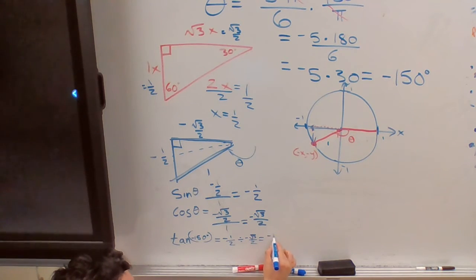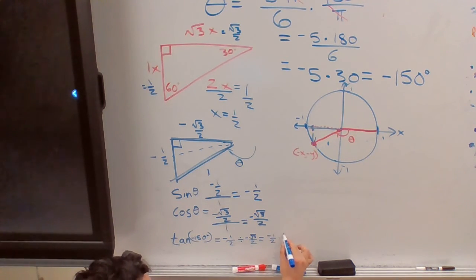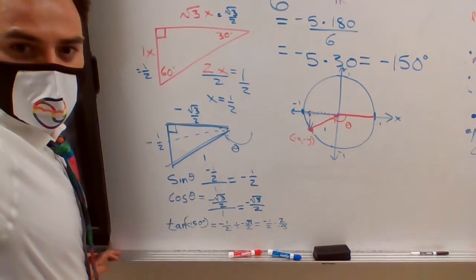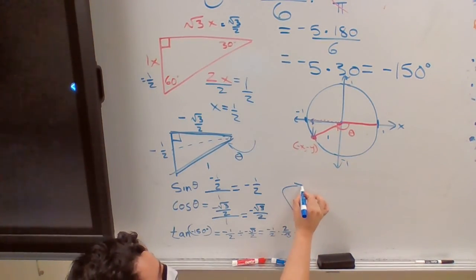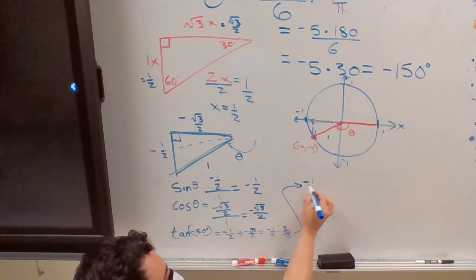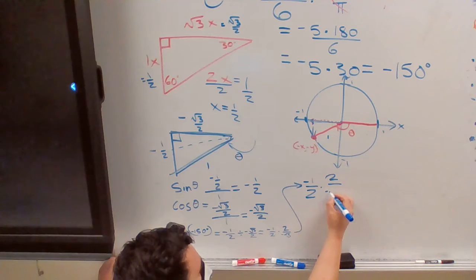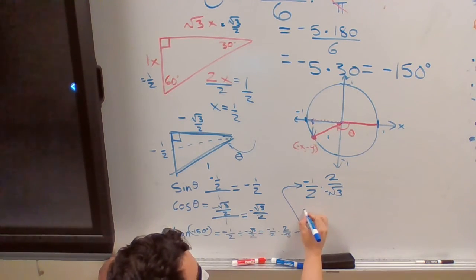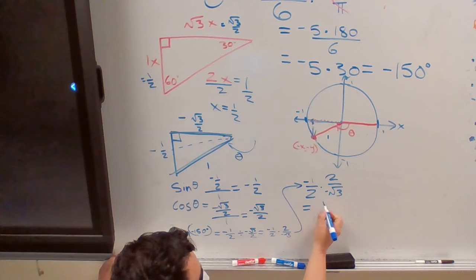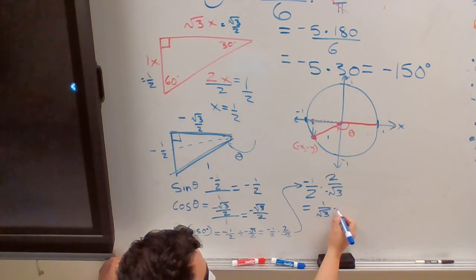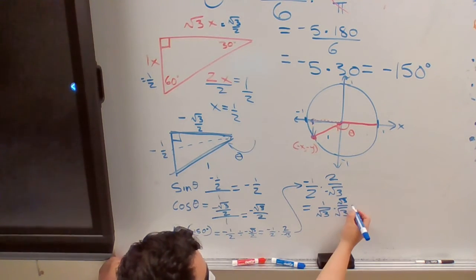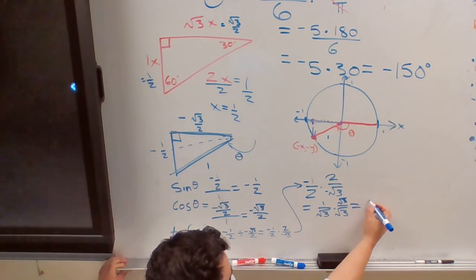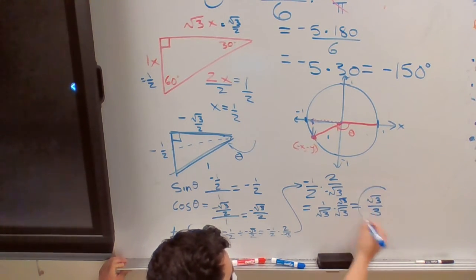But that's the same thing as saying negative 1/2 times 2 over negative root 3. Can you guys see that low? Try to write a little bigger. Negative 1/2 times 2 over negative root 3. The negatives cancel, the 2's cancel. I'm going to be left with 1 over root 3 in fully simplified form. Get rid of the radical in the denominator. I'll have root 3 on top, over 3 for tangent.